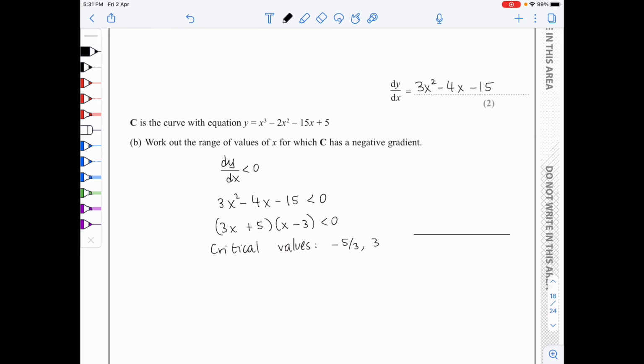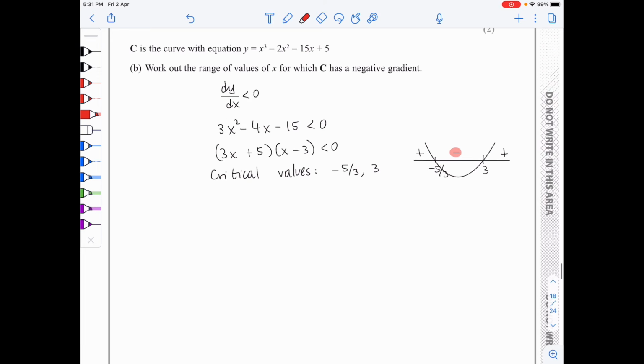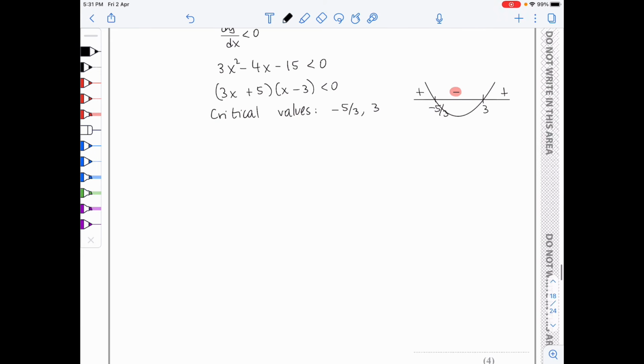So if we just draw a number line at minus 5 over 3 and 3, it's a smiley parabola looking something like this. So we've got plus, minus, plus, and we want to be negative overall. So this means that we want x to be between minus 5 over 3 and 3. The boundaries are excluded because we want a strictly negative gradient.